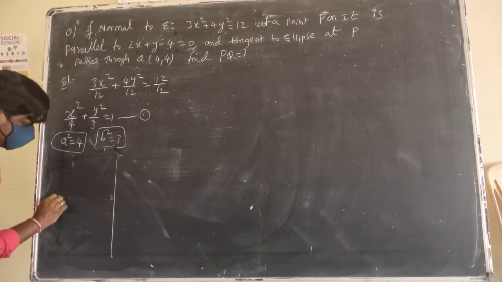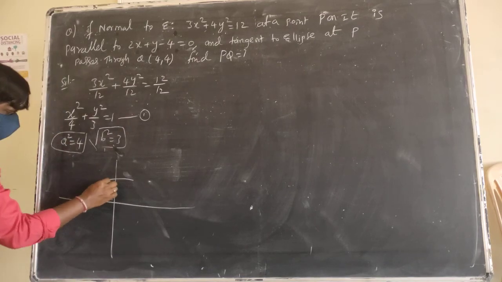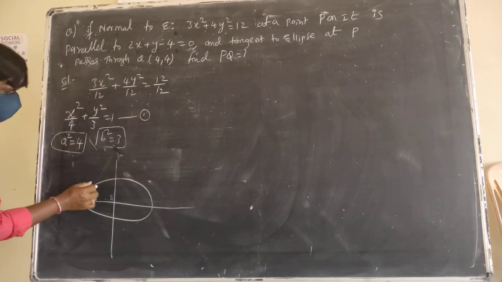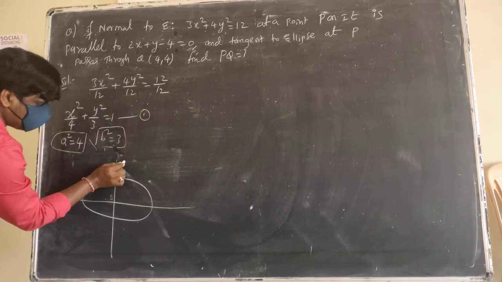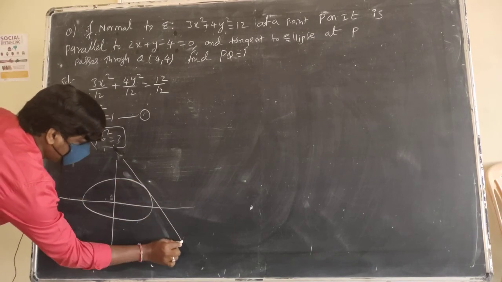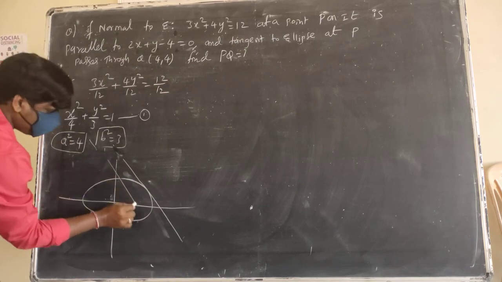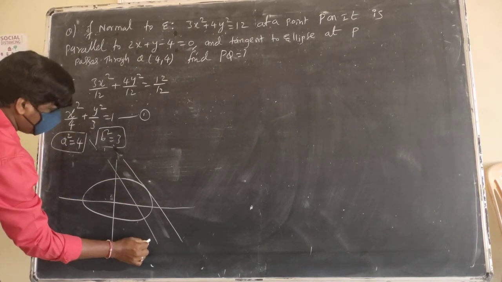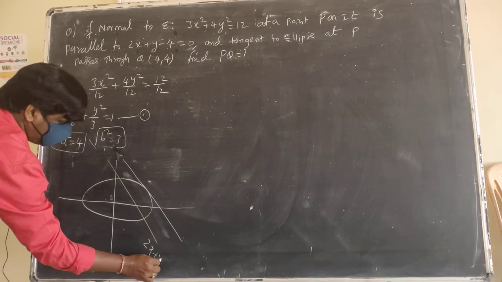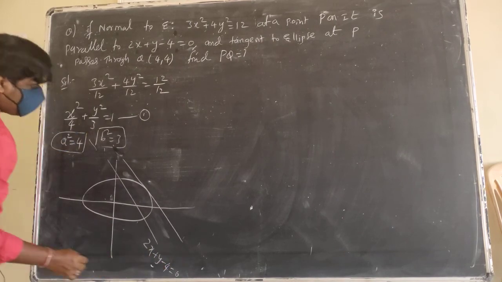See, this is the ellipse. For this ellipse, there is a tangent. For this tangent, a line is parallel, that is 2x plus y minus 4 equal to 0.